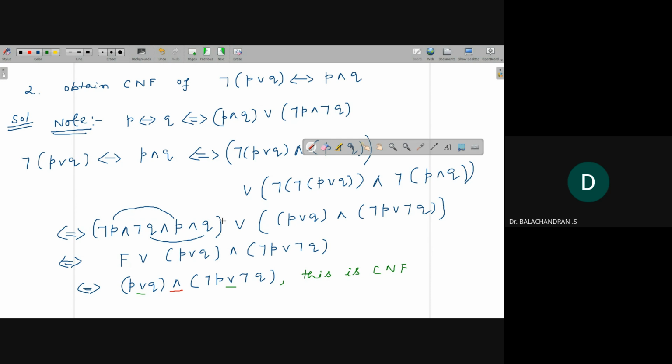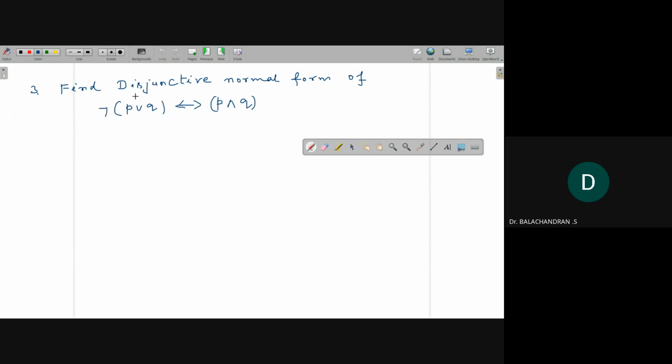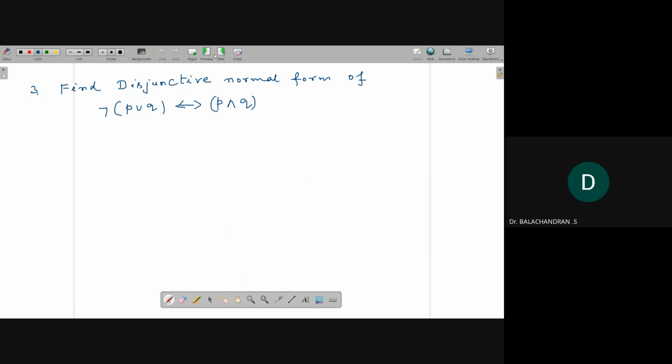Okay. So now we'll move to the next problem. Third problem. Find the disjunctive normal form or DNF of negation of P or Q by conditional P and Q. The same problem you can see here.